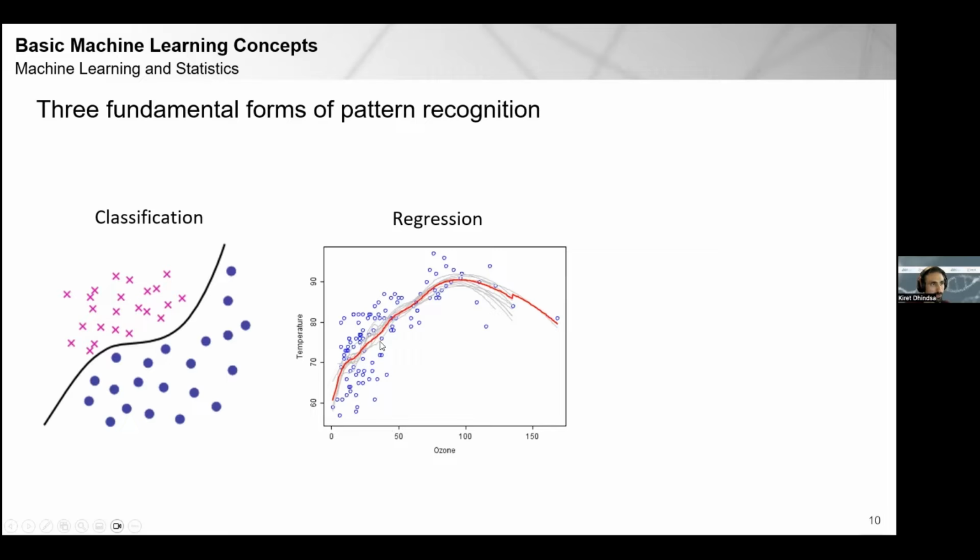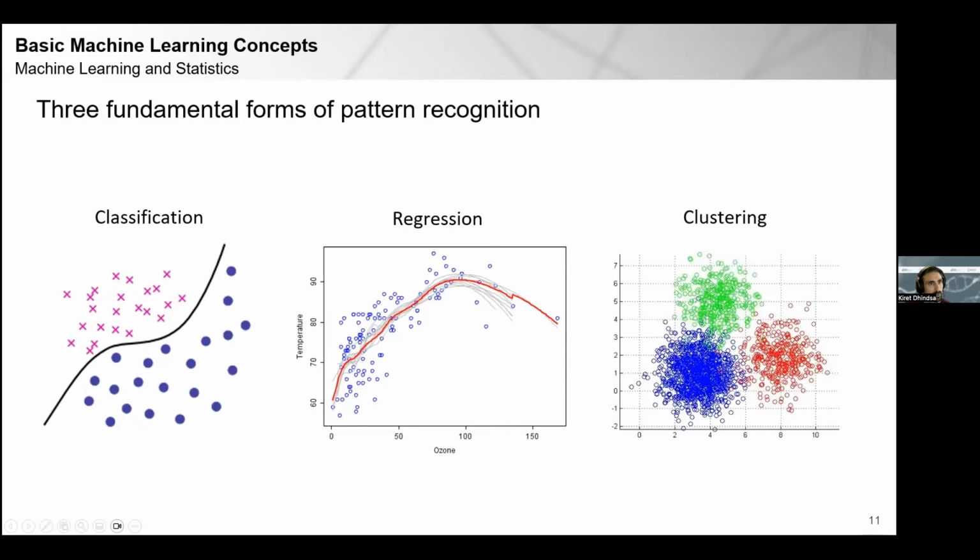And in general, we're trying to draw a line or a curve that minimizes the mean squared error between the totality of the data points and the model that describes this relationship itself. And clustering, like I mentioned, is trying to understand whether we can discover that there are different, perhaps, categories within the data that are not labeled.